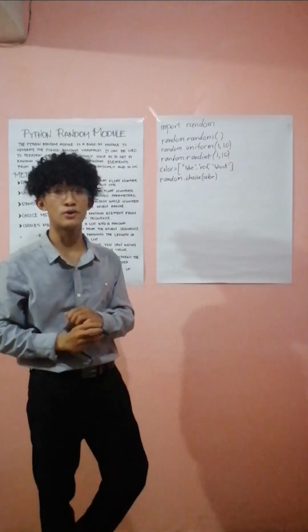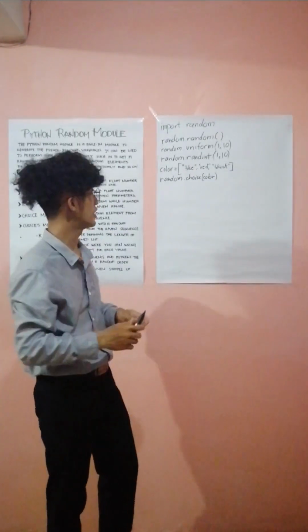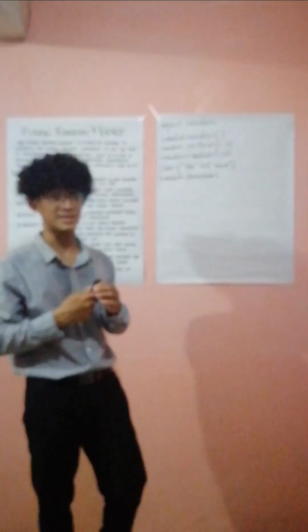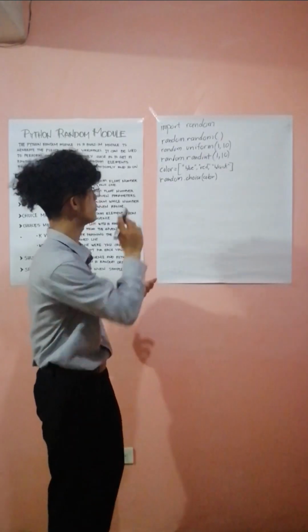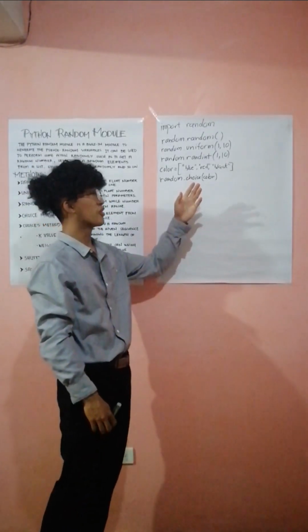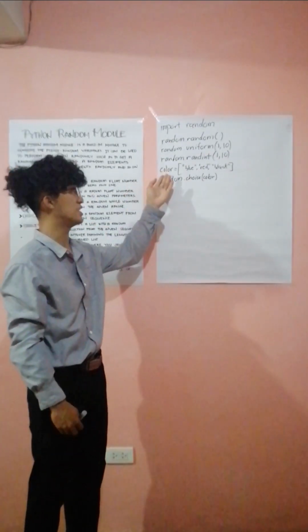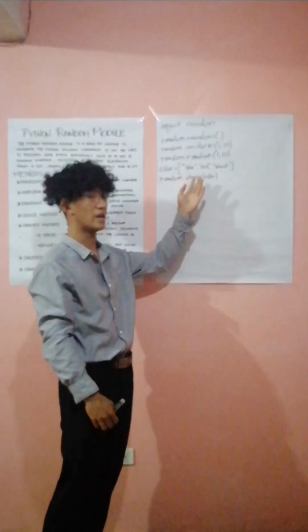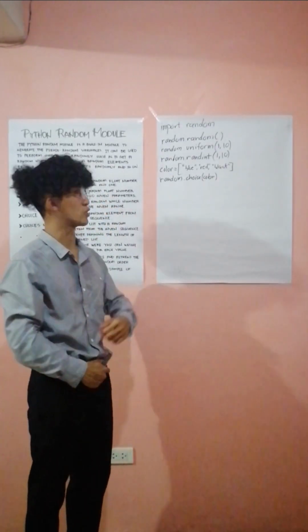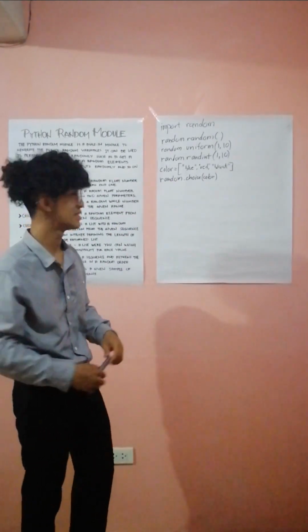So that's how we declare a choice method: random dot choice and parentheses, inside is the list name. So if I print it, the system will give me a random color, or rather a random element, from the color list, which can be blue, red, or black. So every time I run it, it can output red, blue, or black.